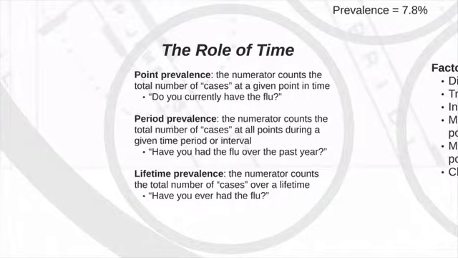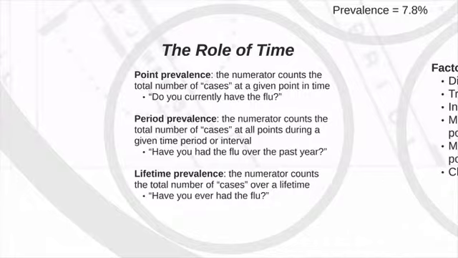We can also think about lifetime prevalence. Again, this is for health outcomes that may come and go. What we're really interested in is how many people in our population have experienced this health outcome. So a question that assesses lifetime prevalence may be, have you ever had the flu? And obviously you can imagine that as we go from point to period to lifetime, your numerator is going to get larger because it's encompassing more and more people who have experienced that.